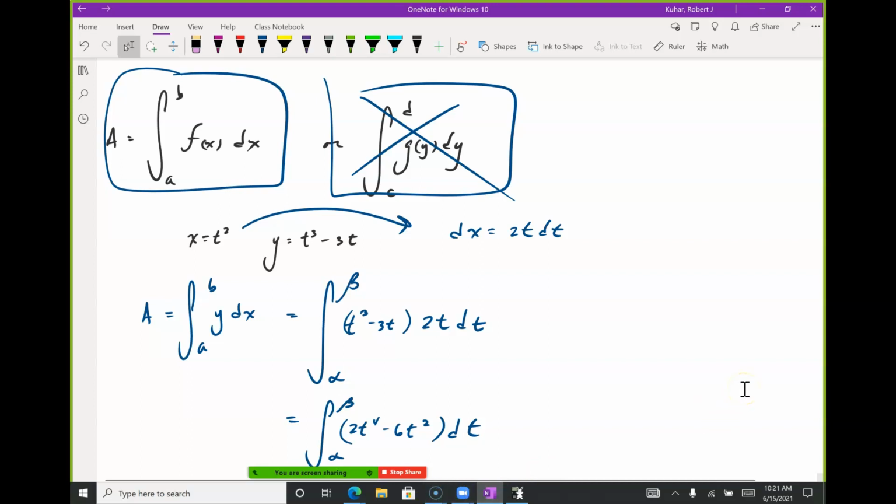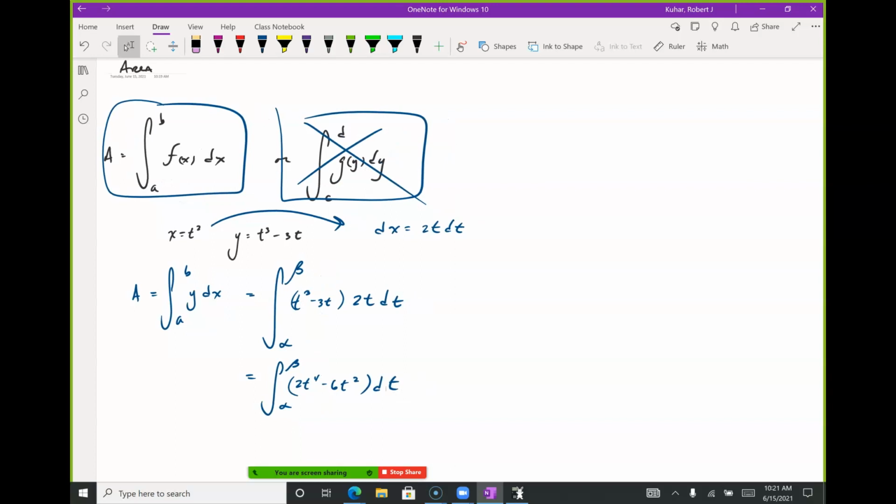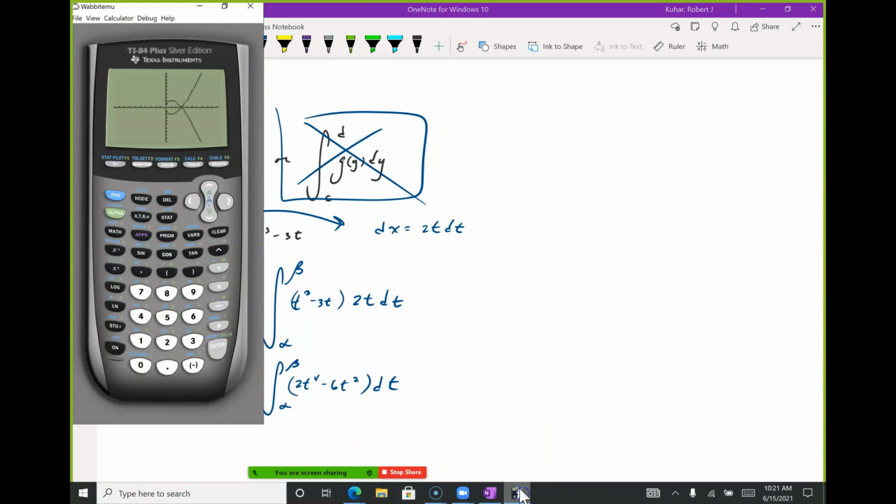So how do I figure out my alpha and beta? Well, if you look at my curve, where's my loop starting and ending? In this particular case, it's when y is 0.